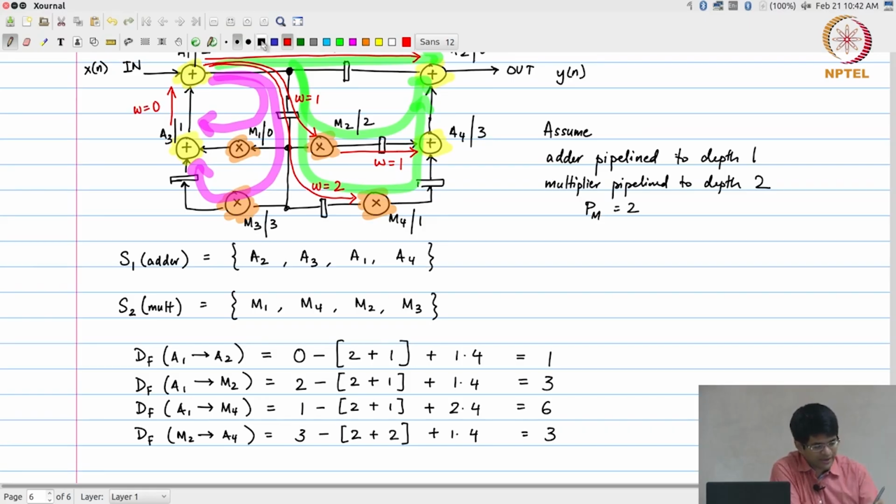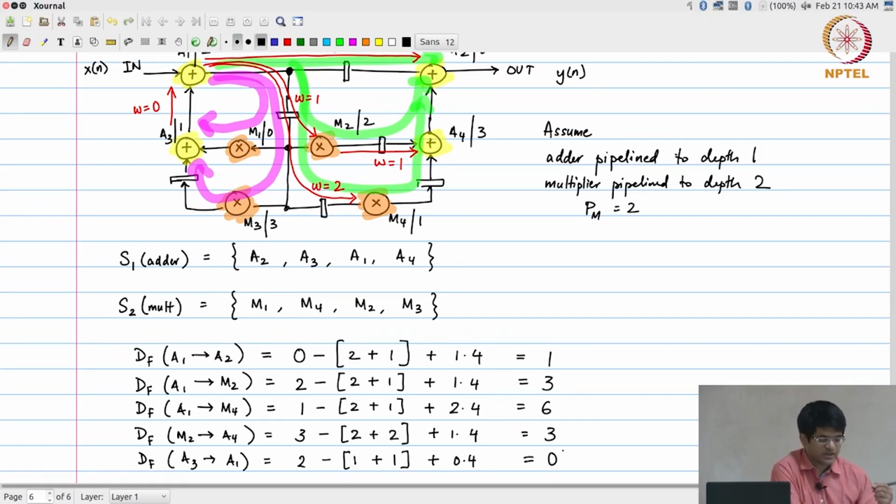So the A3 to A1 edge, DF from A3 to A1: when is A1 scheduled? A1 is scheduled at time 2, minus A3 is scheduled at time 1, and it has a pipeline latency of 1 because it is an adder, plus 0 into 4. This is an example where it is 0.